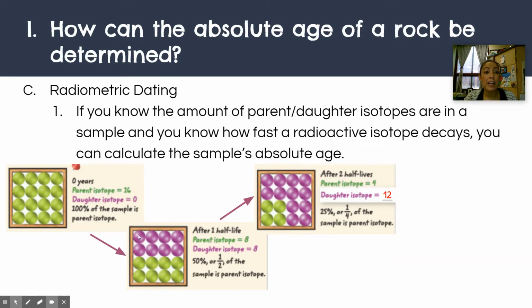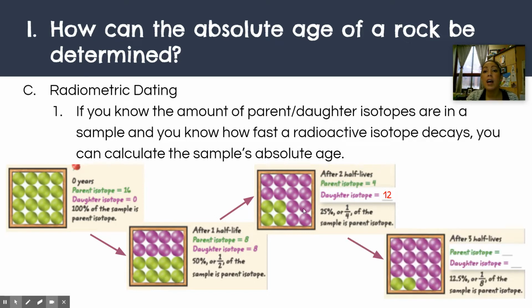Here we had 8 after one half-life: 8 stable daughter, 8 still radioactive. And then of those 8, 4 more of them broke down and became stable daughter. So 8 plus an additional 4 is 12. After another half-life, of these 4, half of them are going to break down and become stable daughter isotope.